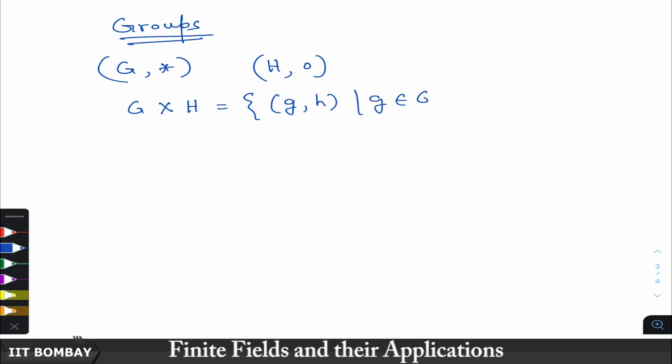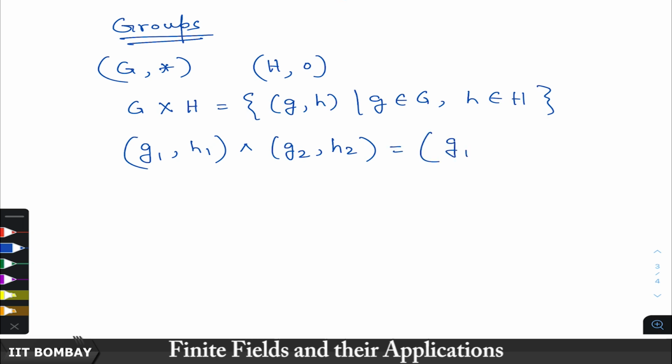So, its elements are (g, h), where g is in G and h is in H, and the operation is defined as, you know, (g1, h1). Let us denote the new operation as this symbol hat, (g2, h2). This new operation is defined as (g1 star g2, h1 circle h2).